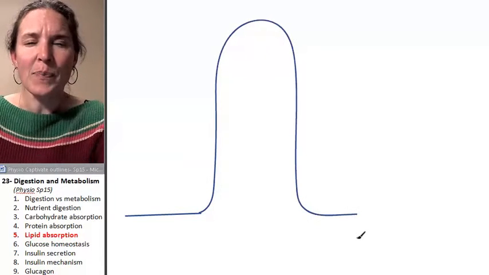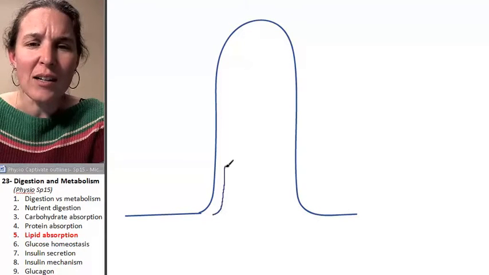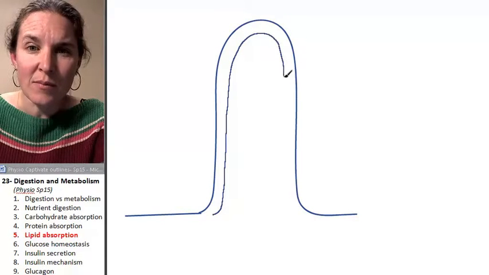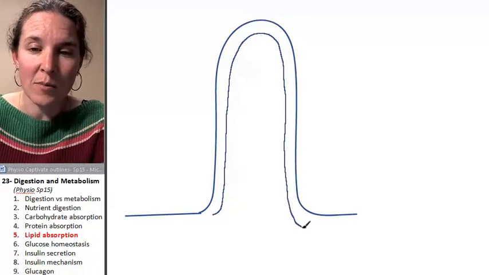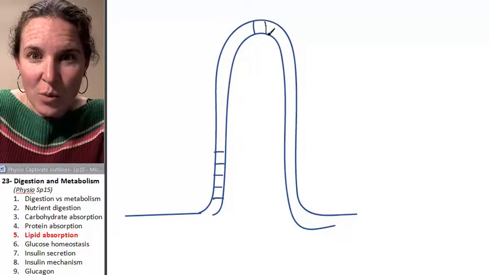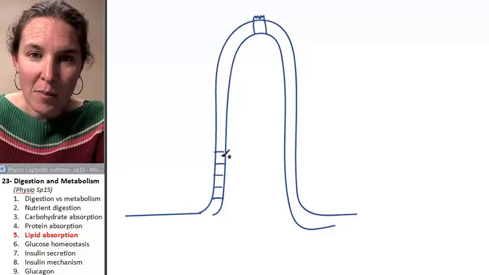lining the epithelium. This is representing individual epithelial cells. Each single cell has microvilli. You can barely see my little microvilli.